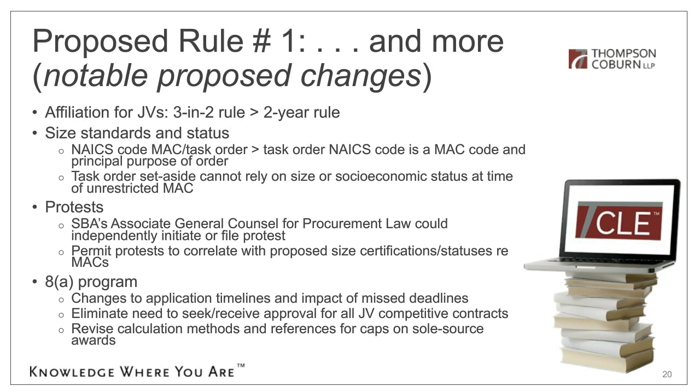And SBA is saying there's no need to do that for competitive contracts. You still need to do it for sole source, but we are looking to eliminate that administrative headache for you 8A joint ventures. SBA is also looking to revise calculation methods and references for limits on sole source awards.